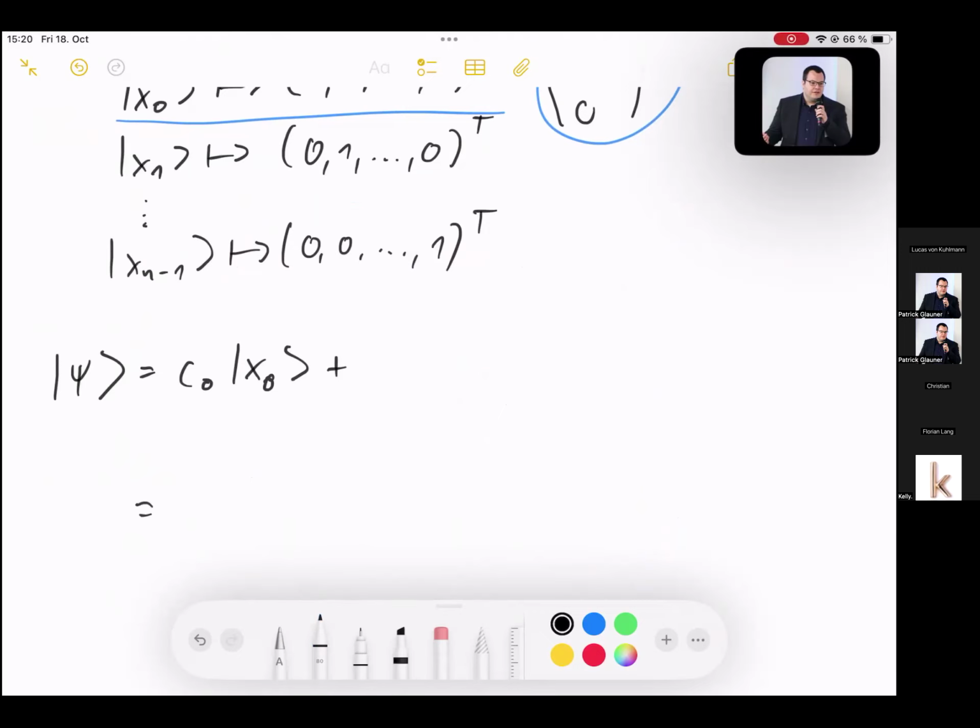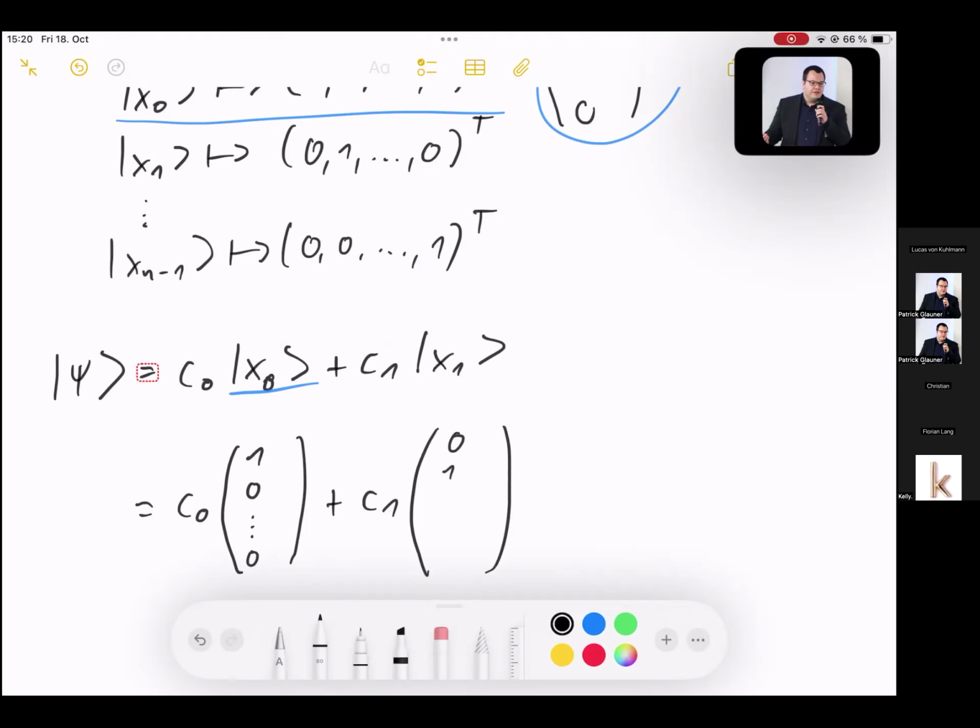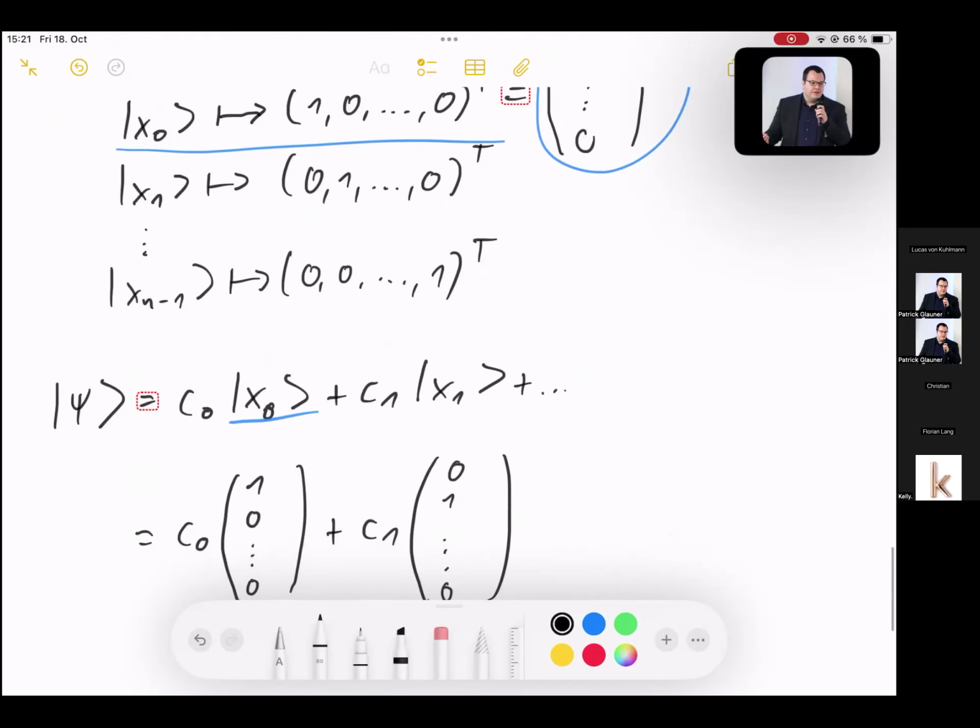And down here, I will also write this out so that we not just have the element x0 ket, but rather the column vector: 1 and then all the others 0. Then we have our C1 times x1 ket, which is C1 times 0, 1, and all zeros. And we can do this up to element Cn minus 1 times xn minus 1 ket.